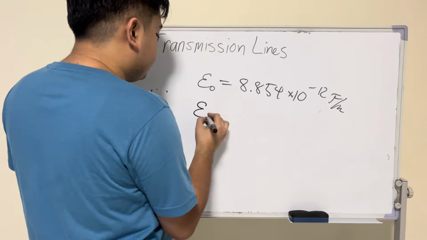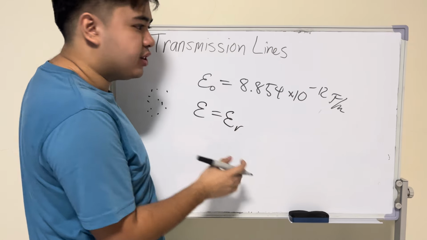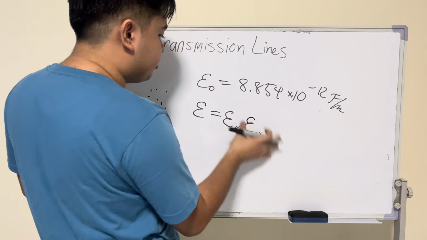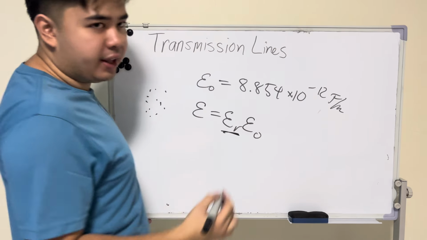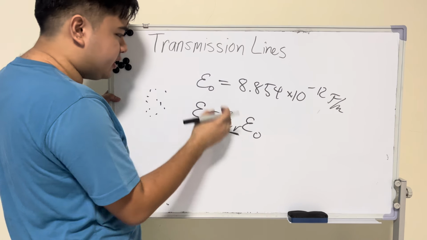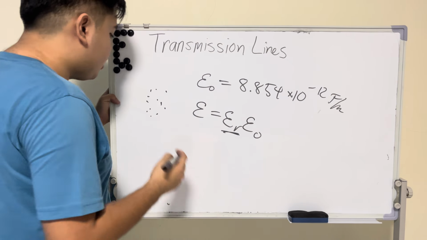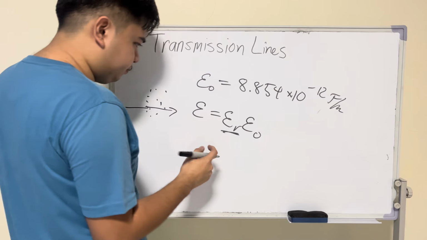And actually, the permittivity of this is given by its relative permittivity multiplied by the absolute permittivity of free space. This is the thing that we want. Why? Because with this permittivity factor, we can figure out how fast light goes through a medium.